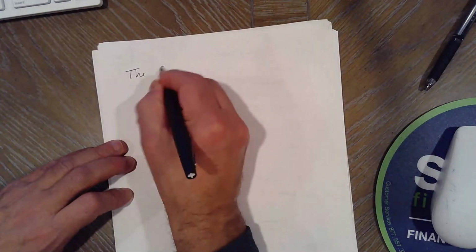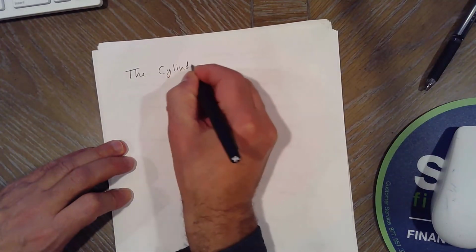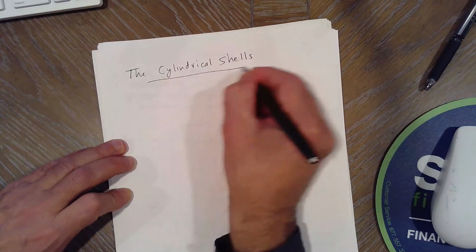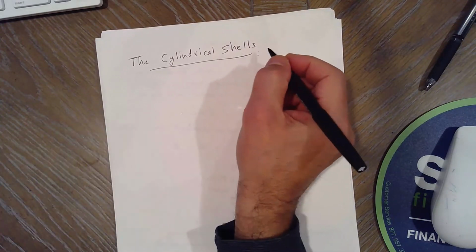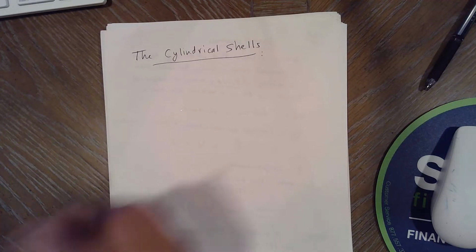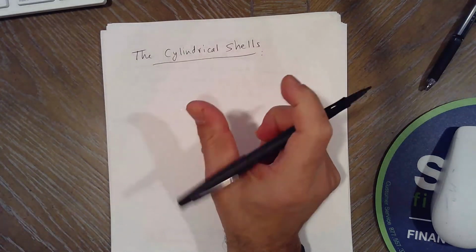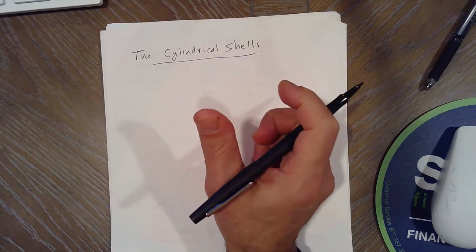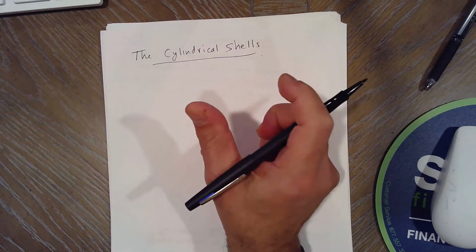The cylindrical shells. Okay, so I'm not going to write down everything I say, because it's all in the notes. So you should be listening to the lecture while you have the notes in front of you. In the shell method, we will revolve a rectangular element or rectangular strip or a cross section about a line parallel to the element.